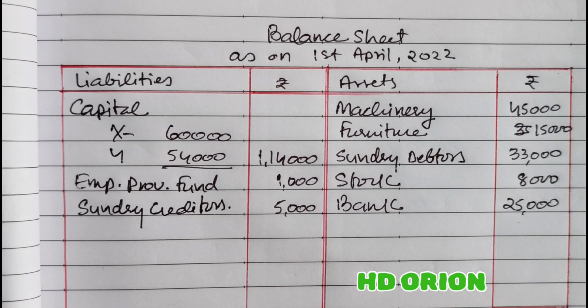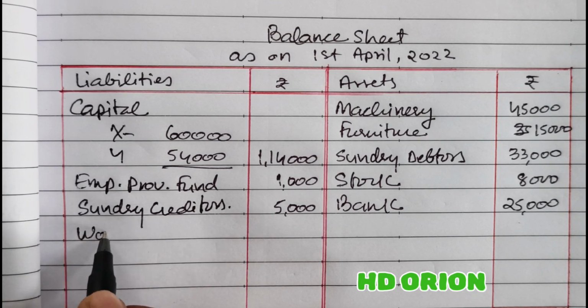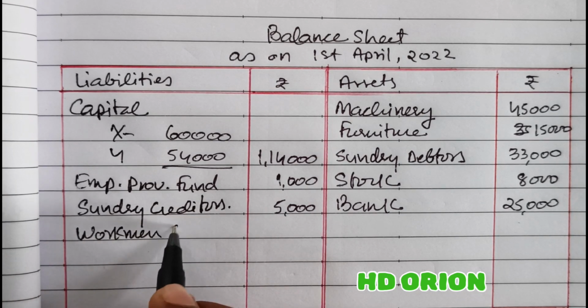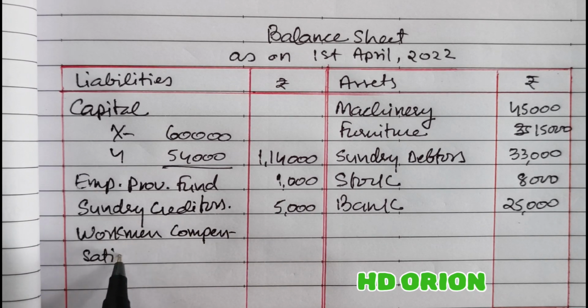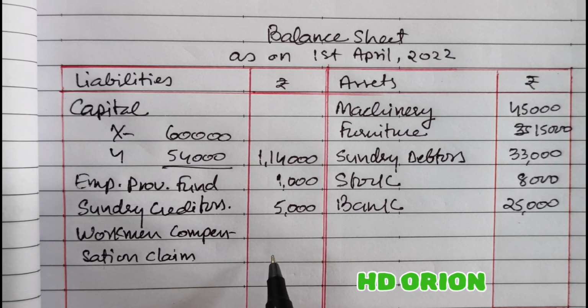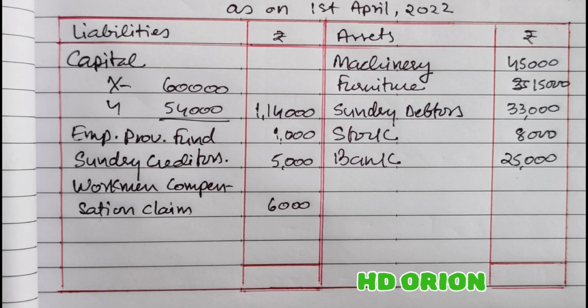And advertisement suspense account we have transferred to partners capital account, so need not mention here. But one more thing is there, workman compensation claim. So it is how much? 6,000 rupees. That much only. Now we will grand total it, and grand total is rupees 1,26,000 on both the sides.